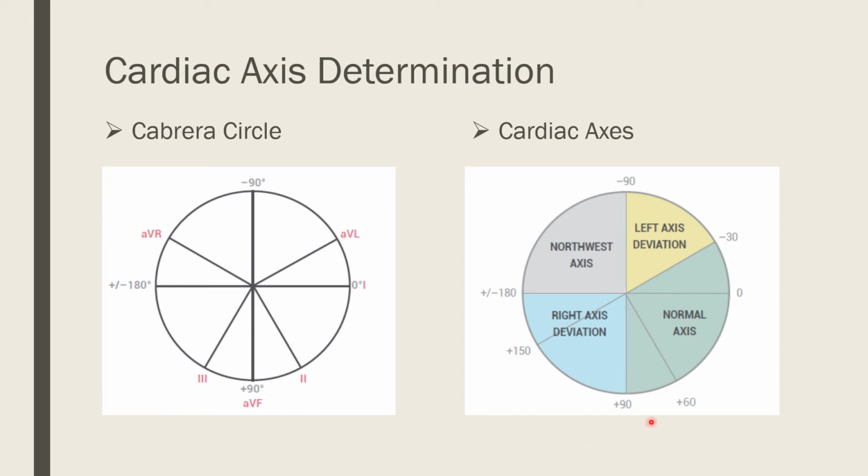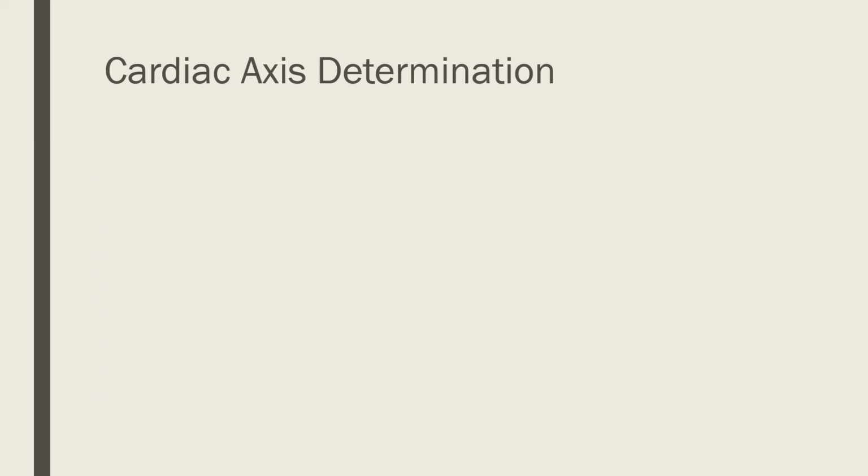So we will take this as a normal axis between minus 30 to plus 90. Left axis deviation is more than minus 30, and right axis deviation is more than 90. In case of northwest axis, which is between minus 90 and minus 180 degrees, we will take a simple measure to determine the cardiac axis from the ECG.